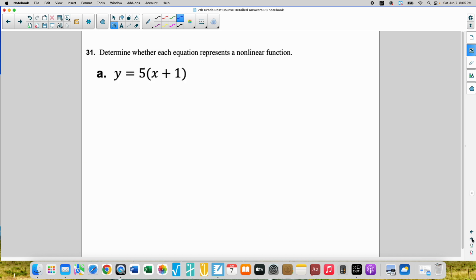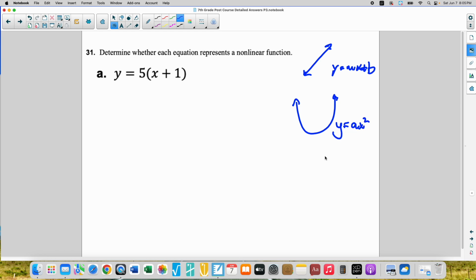Good questions. Determine whether each equation represents a non-linear function. So this is a linear function. y equals mx plus b. This is non-linear. This is y equals ax squared.